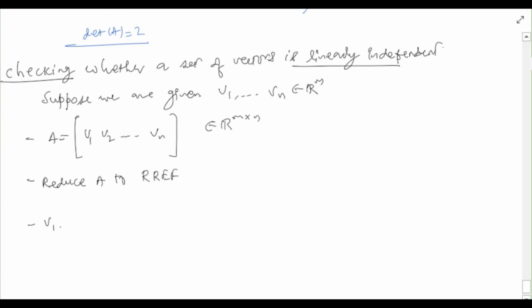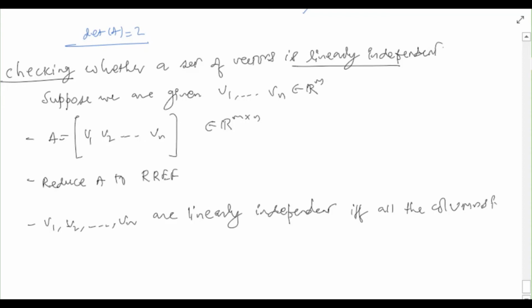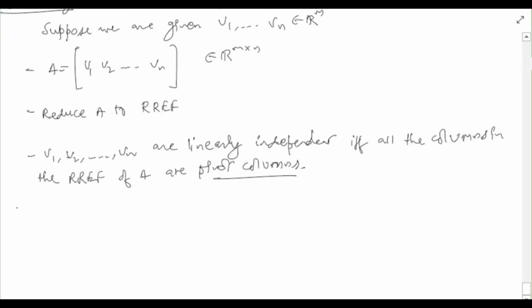It turns out that v1 to vn are linearly independent if and only if all the columns in the reduced row echelon form of A are pivot columns. Let us consider an example.